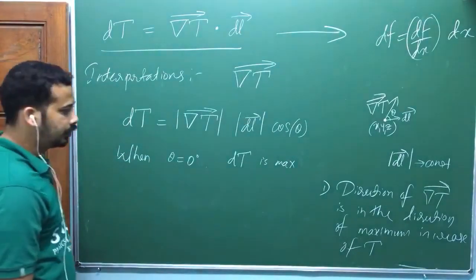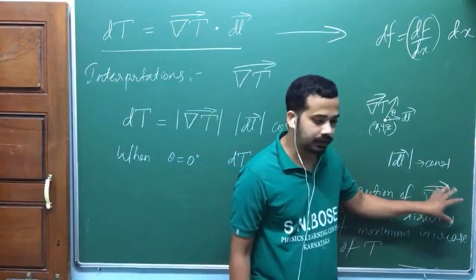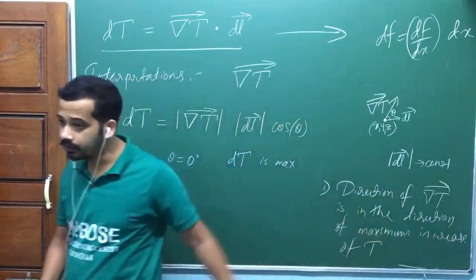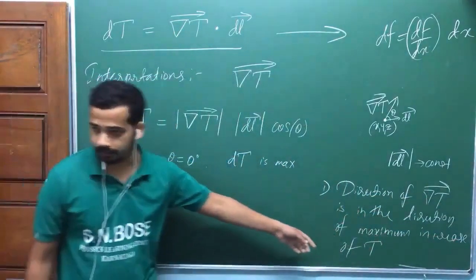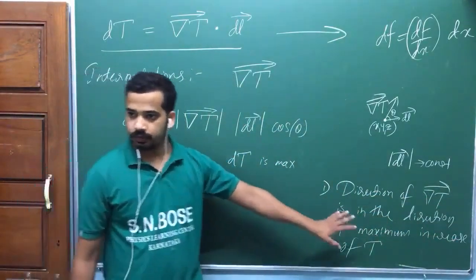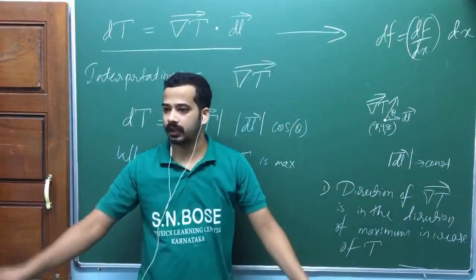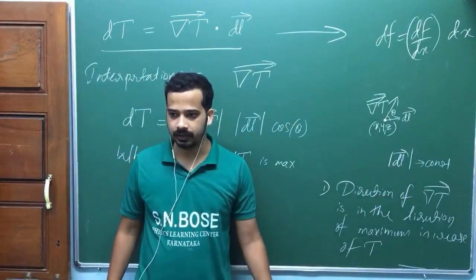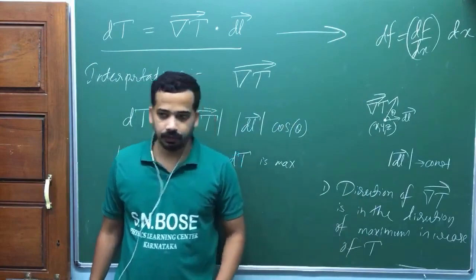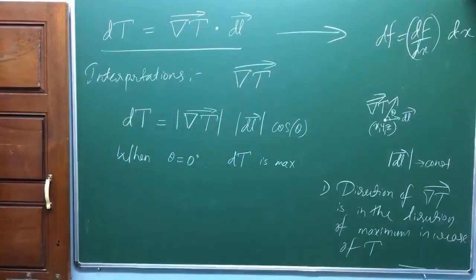You had a strange vector, which you called the gradient of a scalar. Now you got information about its direction.